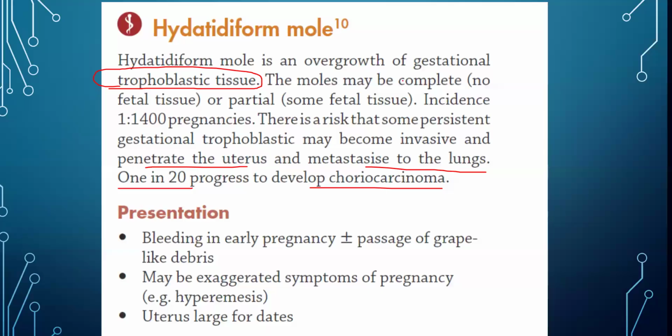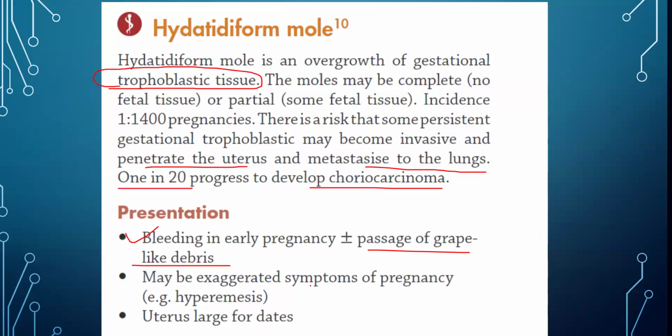So how does molar pregnancy present? First of all, the patient will have bleeding in early pregnancy, and they will complain that they have seen some grape-like structure coming out of their vaginal area. So per vaginal bleeding in early pregnancy with grape-like or bubble-like structure coming out, that's molar pregnancy.